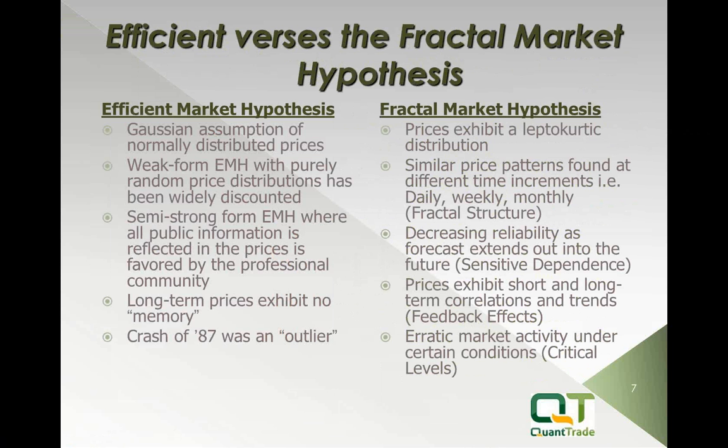It also proposes that forecasts decrease in reliability over time. There are points of criticality in the marketplace that are associated with erratic market activity, and also that markets exhibit trends. Now, if you're going to base a trading comparison between these two different hypotheses, I think you can understand why we tend to focus on the fractal market hypothesis and why we use it to develop our trading tools.